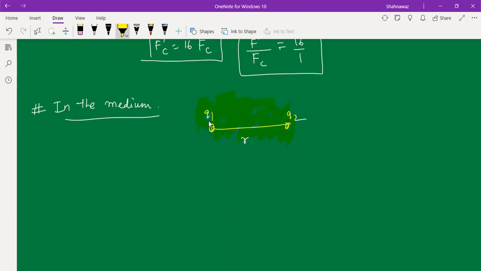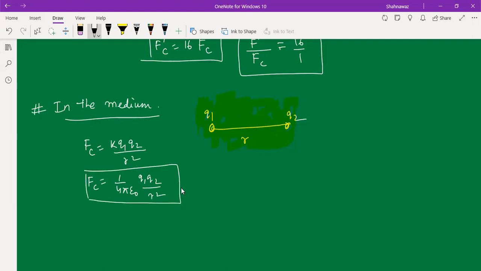So now what would be the new force? The old force is K Q1 Q2 by R square, which is 1 by 4 pi epsilon naught Q1 Q2 by R square. But if you immerse this in a medium, this becomes what?